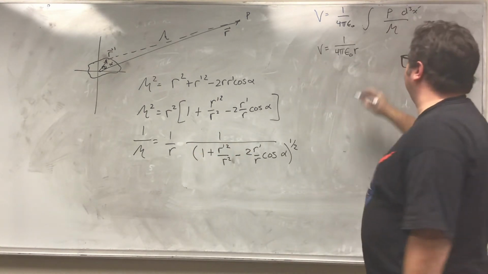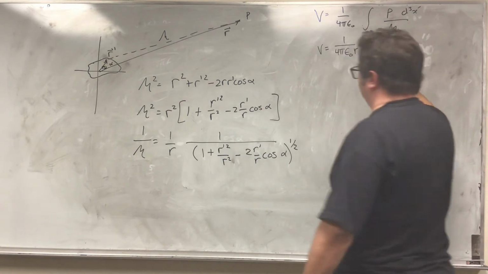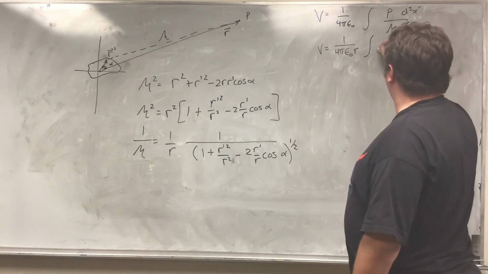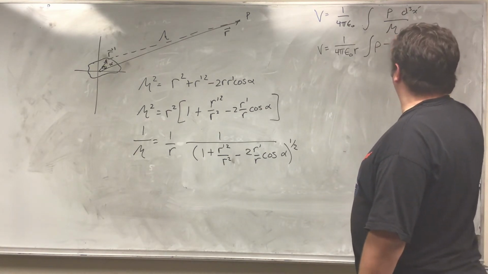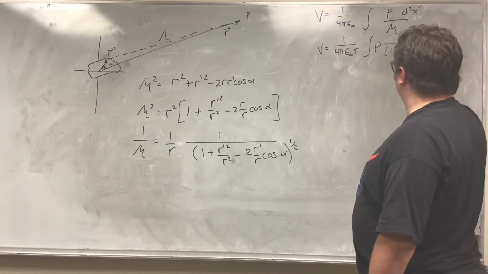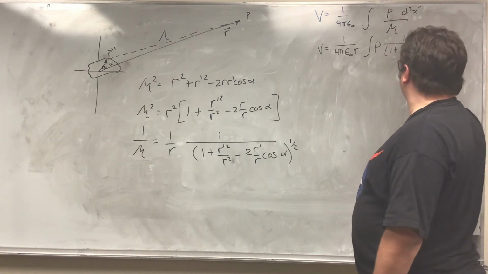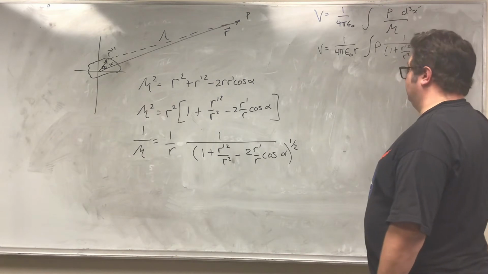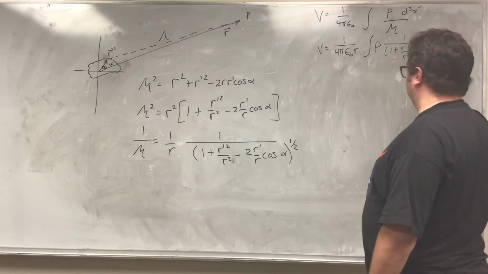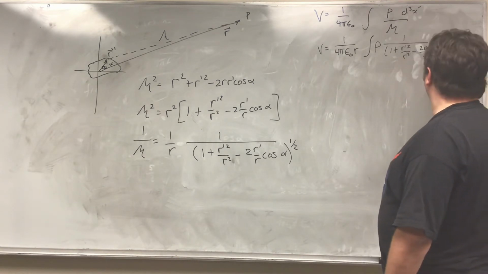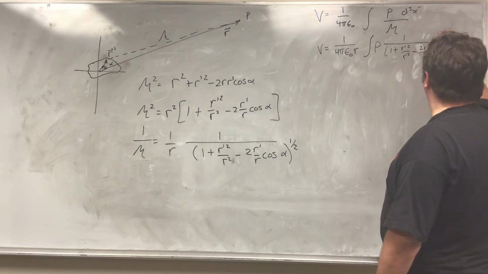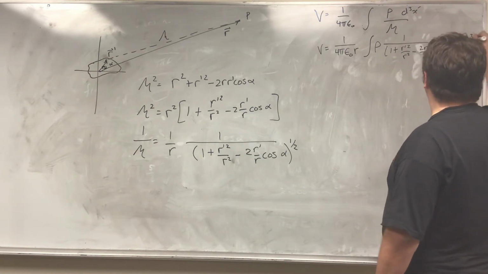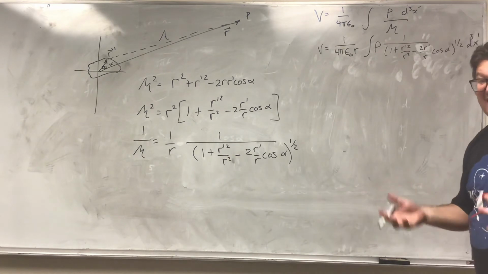So I can pull it out of the integral. And I get the integral of rho, 1 over 1 plus r prime squared over r squared minus 2 r prime over r cosine alpha to the 1/2 power, and then of course d3x prime. So it's still nasty.